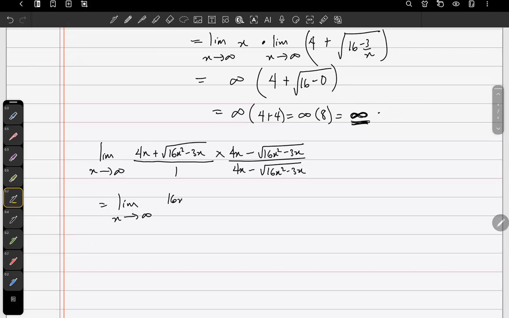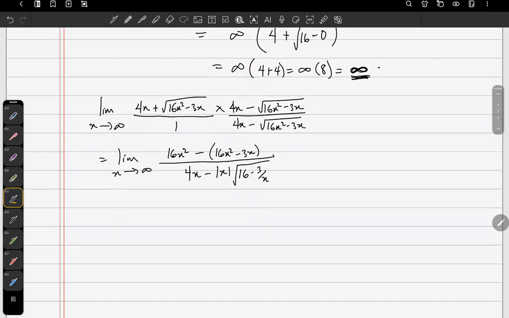And we'll have again 16x squared minus 3x all over 4x minus this, as usual, absolute value of x times the square root of 16 minus 3 over x. Then because we are going to infinity, we know that the absolute value of x is x.